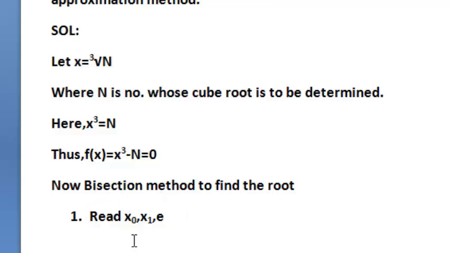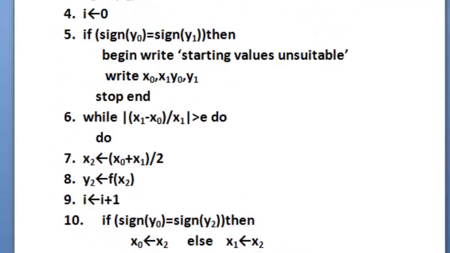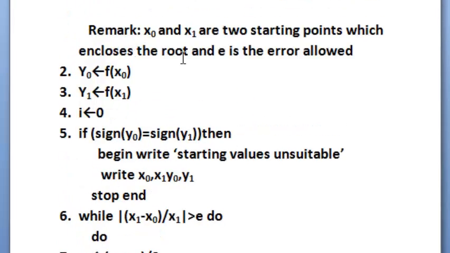The algorithm for this method is, first of all, we read x0, x1, that is our interval, and the error E. Here x0 and x1 are two starting points which enclose the root, and E is the error allowed. Now we put the value of f(x0) into y0 and f(x1) into y1.